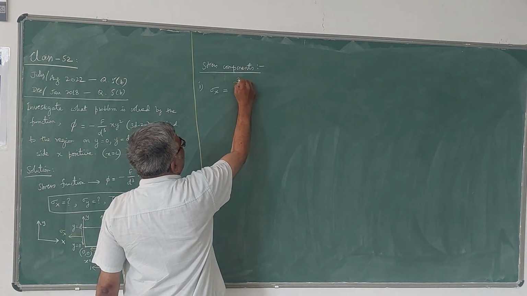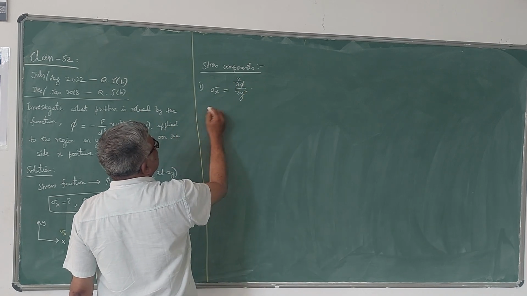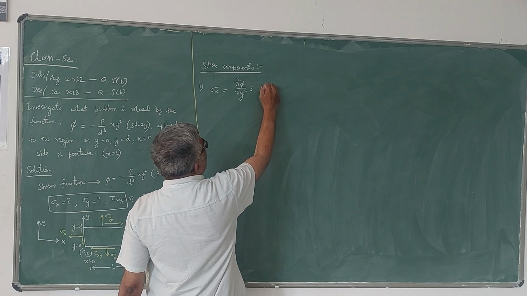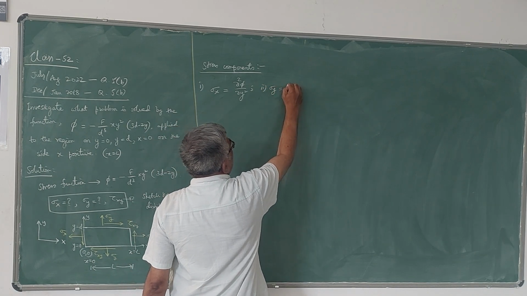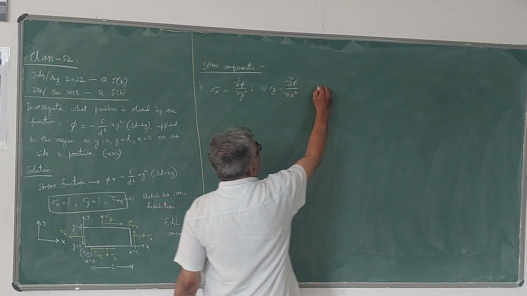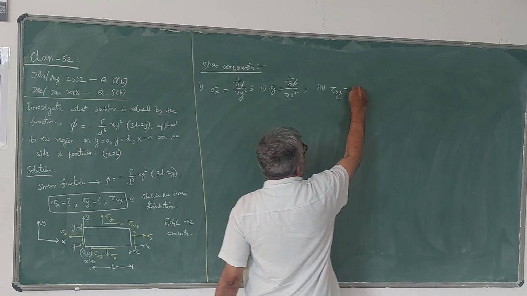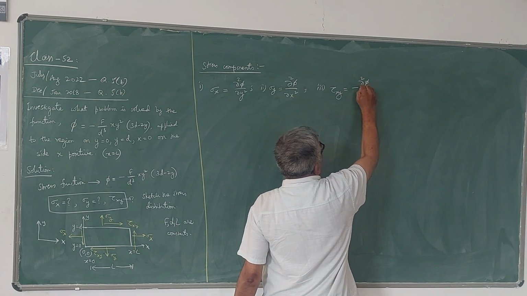You have to remember that. Second one, sigma y is given by dou square phi by dou x square. Third one, tau xy, the formula is minus dou square phi by dou x dou y.